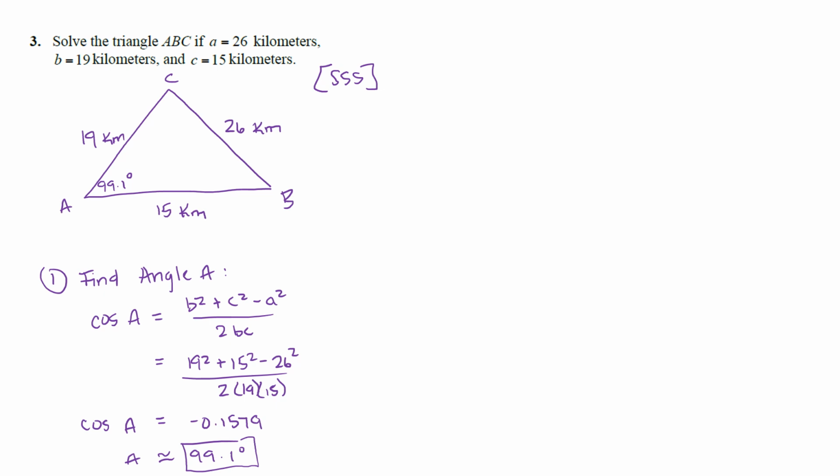All right. So next, for step 2, we are going to find our next angle. Since we know the largest, let's find the smallest. And so that would be angle C, because length C is the smallest length. All right.